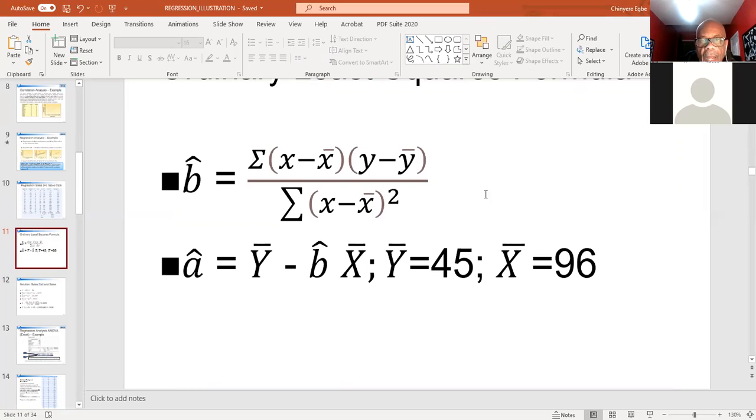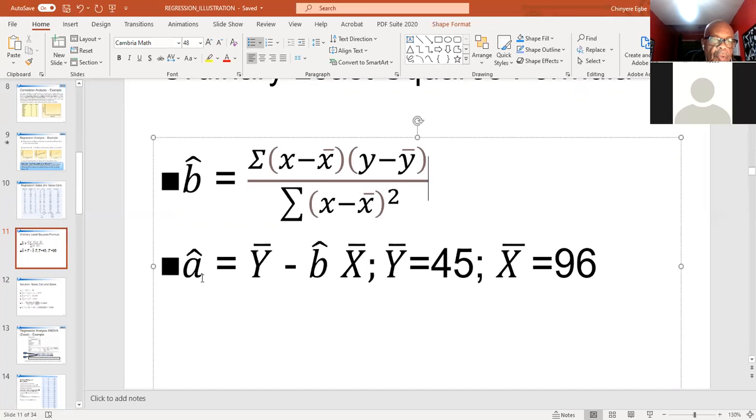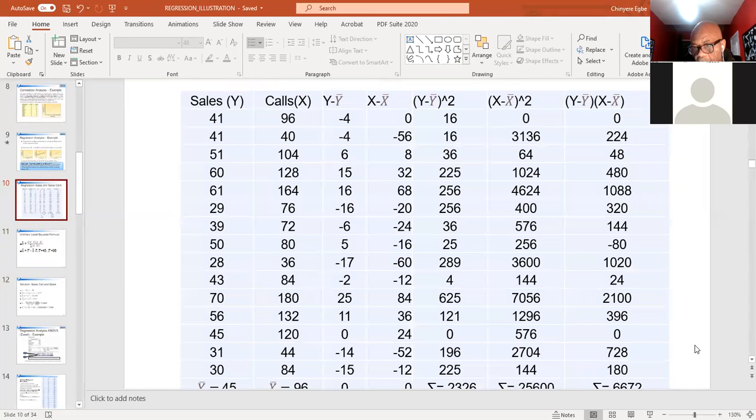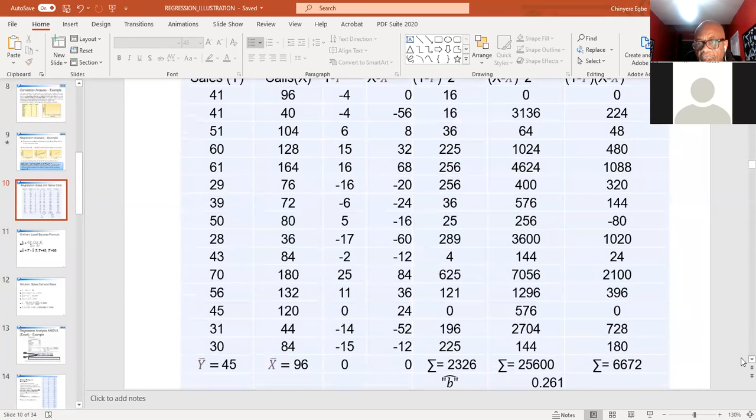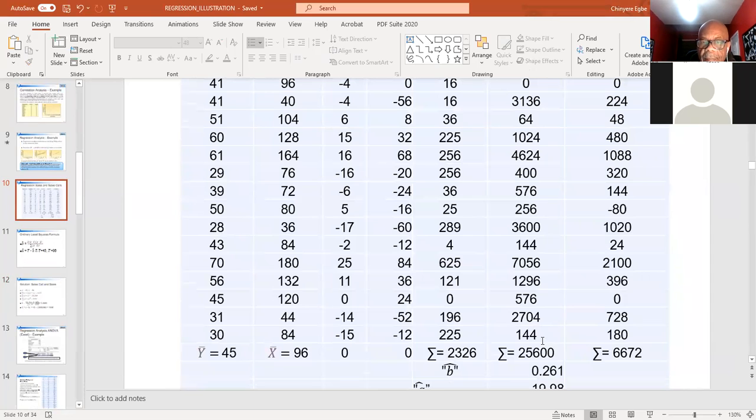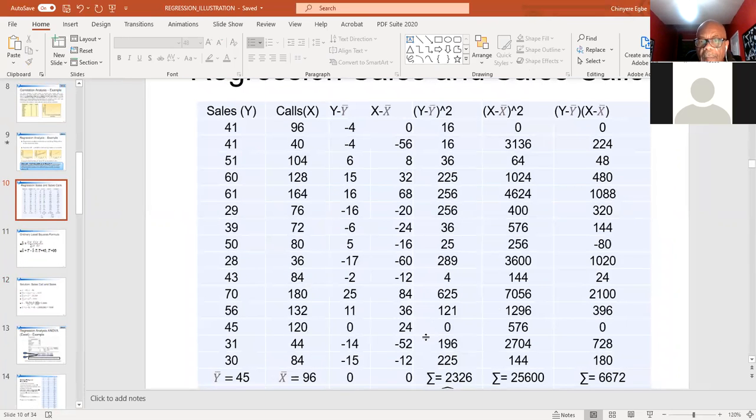You plug in those numbers from here, and I'm going to show you how to get them. So you sum Y minus Y bar squared, you sum X minus X bar squared, and you sum Y minus Y bar times X minus X bar.